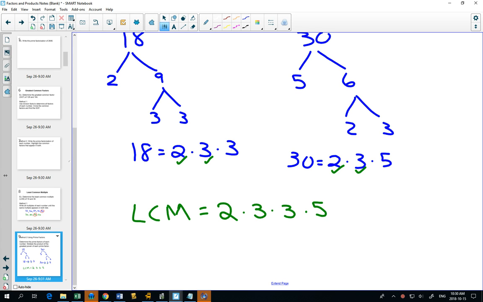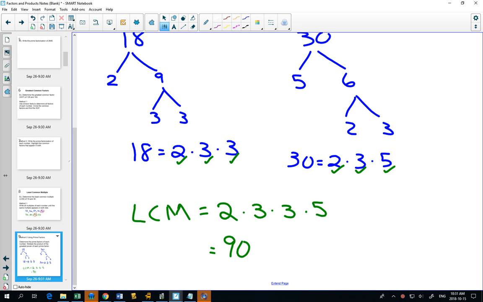But I still need to add another 3 to count that second 3. And then finally, there's my 5. So if you like to check things off as you're going, that 5 shows me I've used up all of my prime factors. If I multiply this out in total, I get 90 as well.